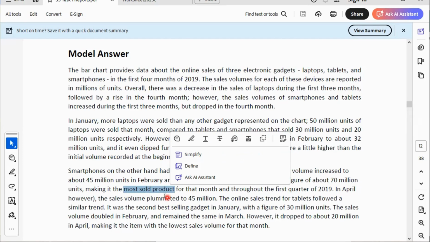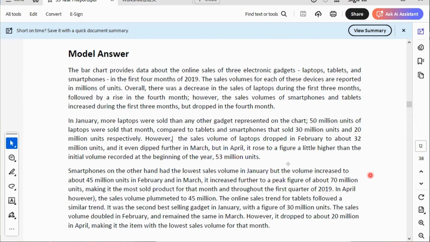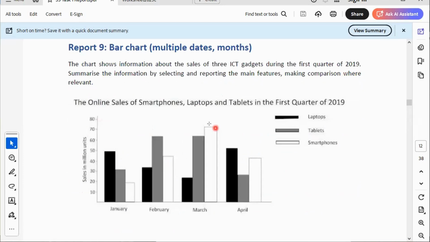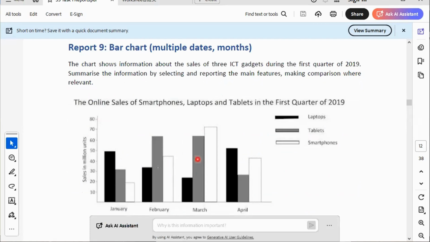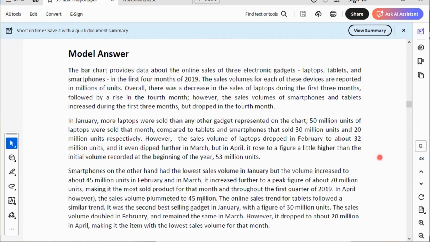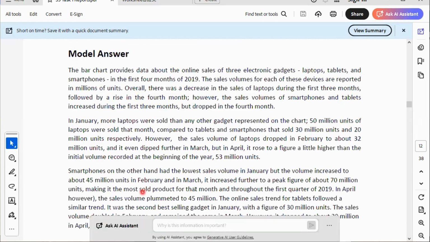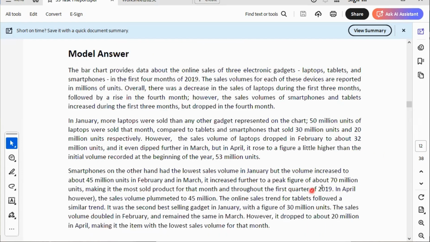That means more people bought it than other items, making it the best seller for that month. And throughout the first quarter of 2019, look at it, the most sold product, this thing here, laptop. You can see that is higher than what the other figures reported in March, higher than even February figures, higher than January figures, higher than April figures. Okay? Making it the most sold product for that month and throughout the first quarter of 2019.